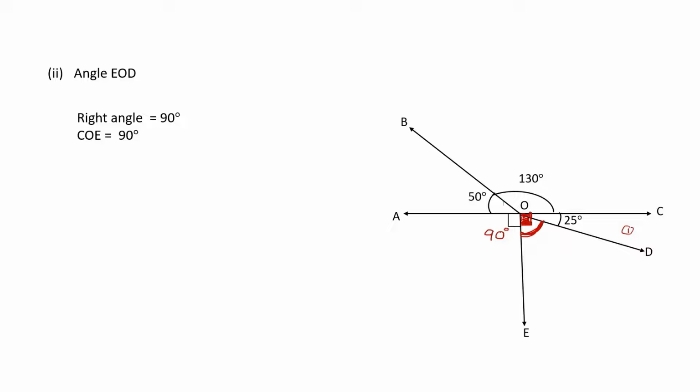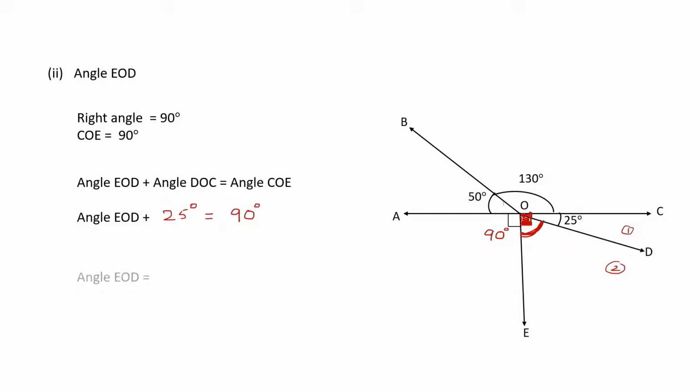This is 1 and this is 2. That means angle EOD, which we need to find out, plus angle DOC, which is already given, is equal to angle COE. Angle DOC we already know is 25 degrees, and that should be equal to angle COE, which is 90 degrees.